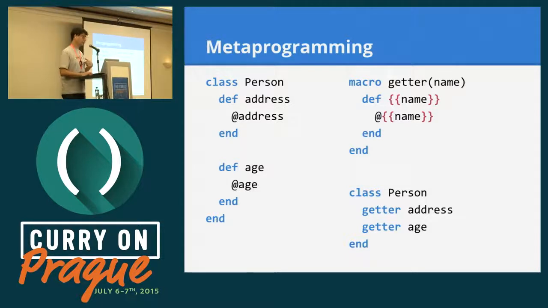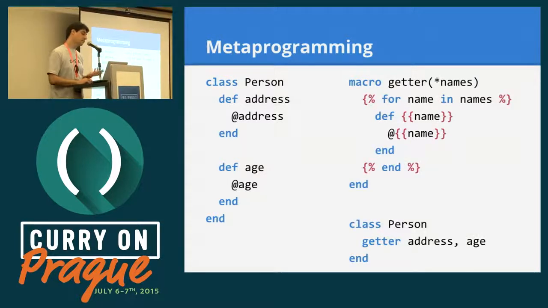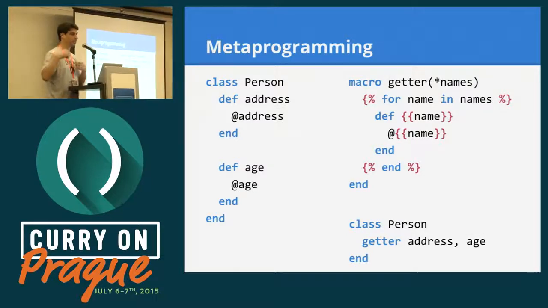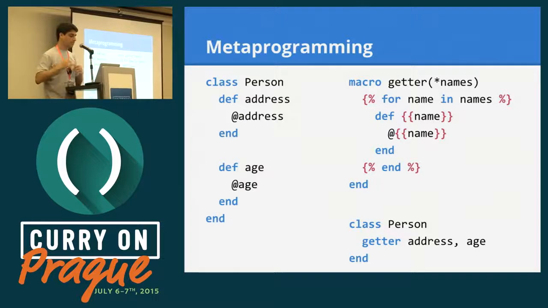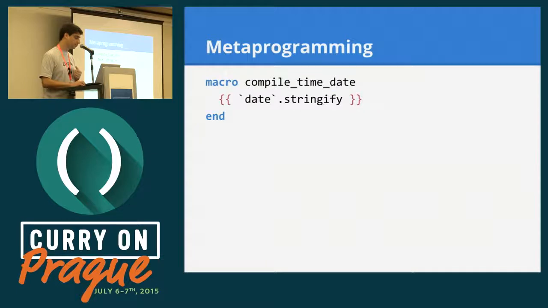We can also go even further and create a macro that receives many arguments, and we can iterate through those arguments and generate as many accessors as we want. So the macro system is quite powerful, and we can use it to avoid a lot of boilerplate at compile time. We can even execute external processes that generate code in Crystal.